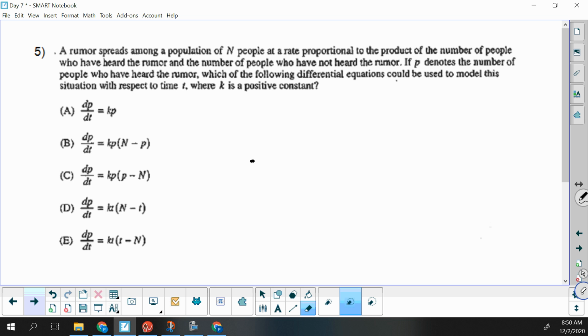And our differential for a logistic function, we just got to make sure we get our variables to match up. P denotes the number of people, so that's like our y value. And then we have t as time. That will always equal some constant times whatever your y is represented as, so people, times your carrying capacity, which is the total number of people we have here, minus your y value.